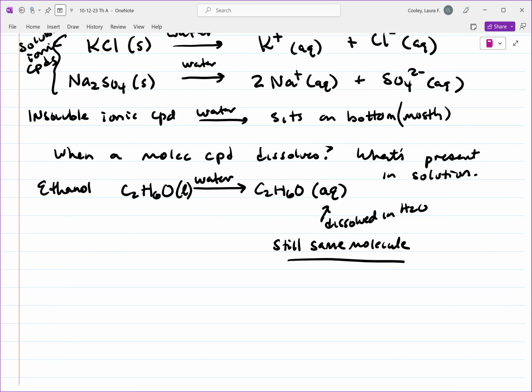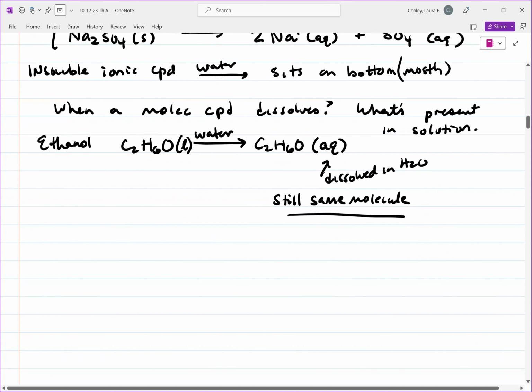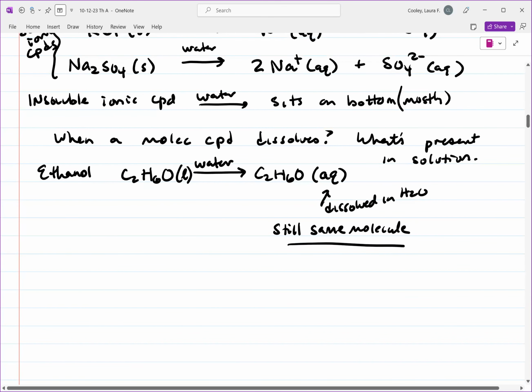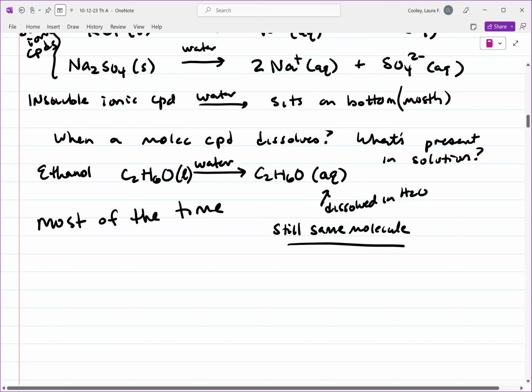Because they're acids. That's why they release H plus. They're very special. They have what we call an acidic hydrogen that is releasable as a proton. It's just because their attraction to the rest of the molecule is different. So when a molecular compound dissolves, most of the time they stay as molecules.